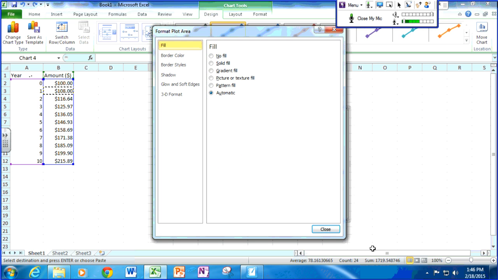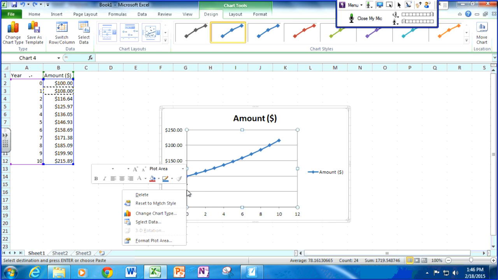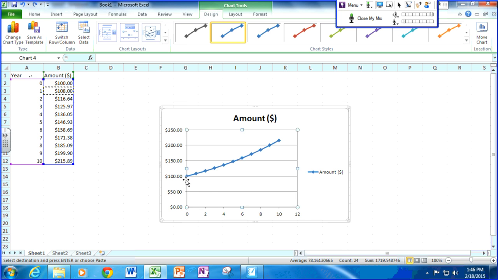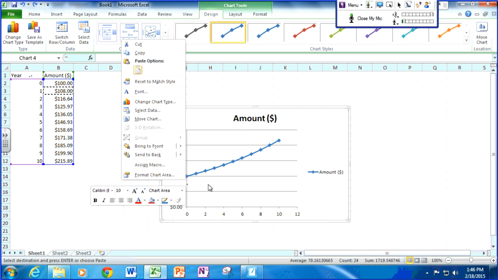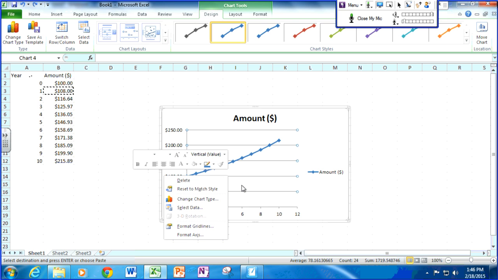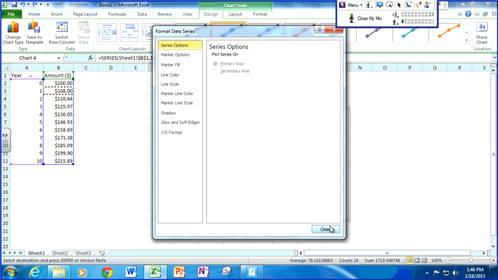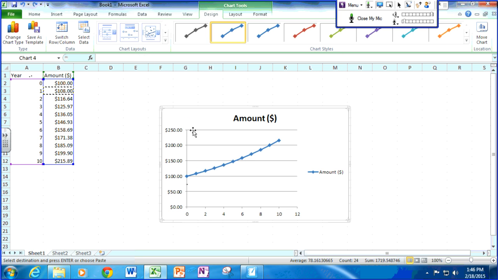All right, so format, I'm looking for the select data. What I'm looking for is, I think it's the axes.